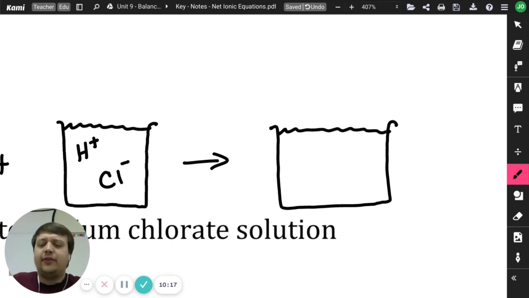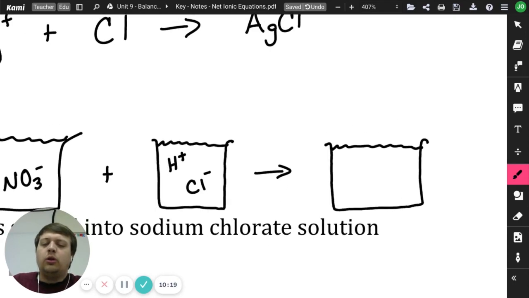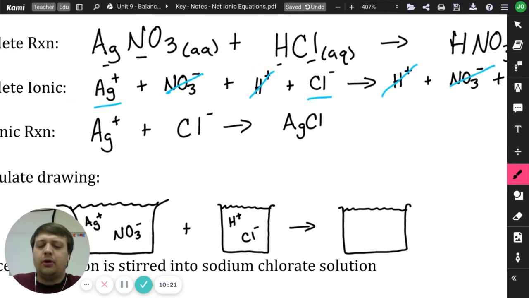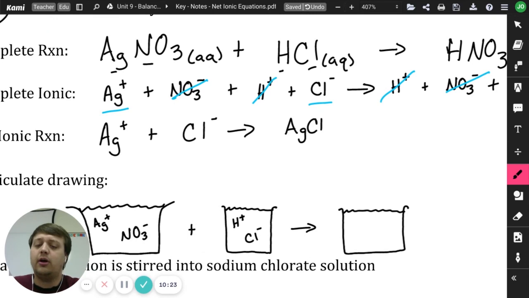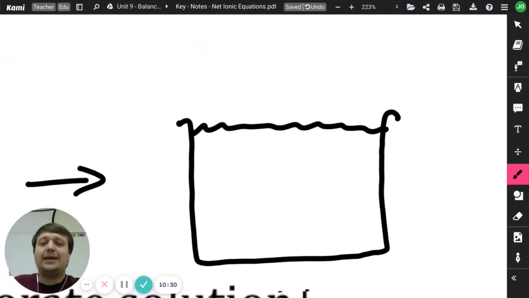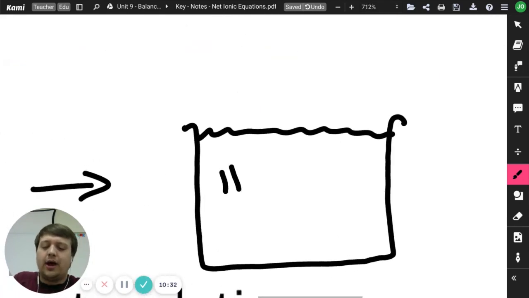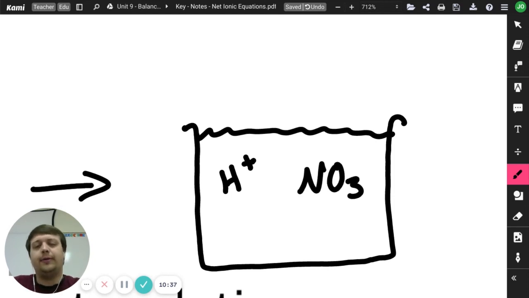And inside of this one, looking at our complete ionic reaction, what we saw is that the hydrogen and the nitrate were both spectator ions. So what that tells me is that they didn't react. And so I have the hydrogen ion floating around and the nitrate ion floating around.